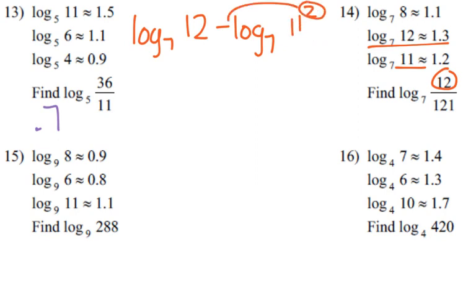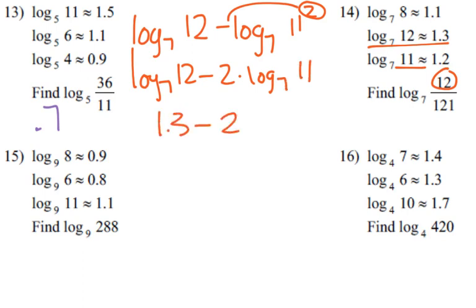So then that 2 comes down in front, and we get log base 7 of 12 minus 2 times log base 7 of 11. Well, this is 1.3 minus 2 times 1.2. So we get 1.3 minus 2.4, and that's what, like negative 1.1?